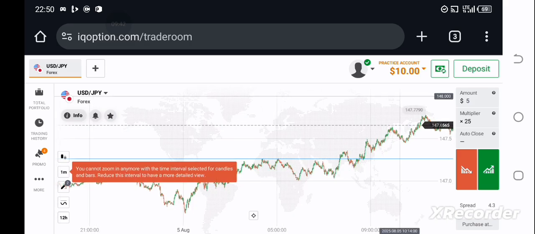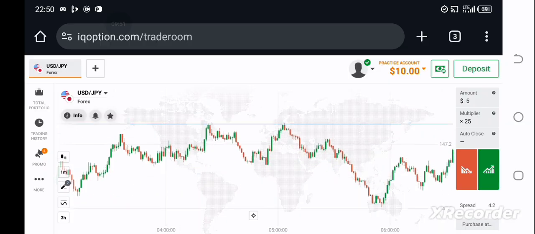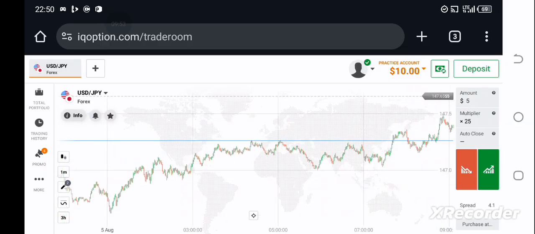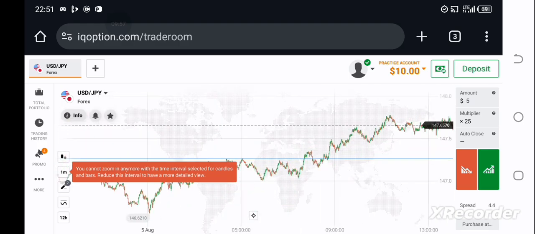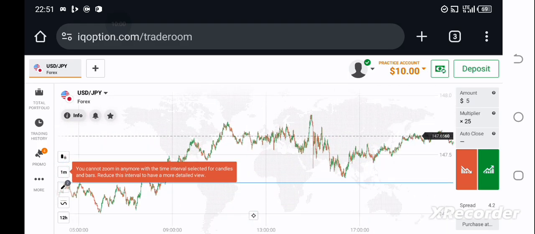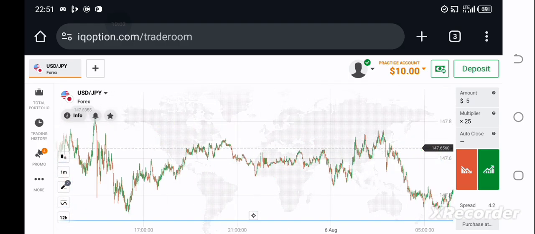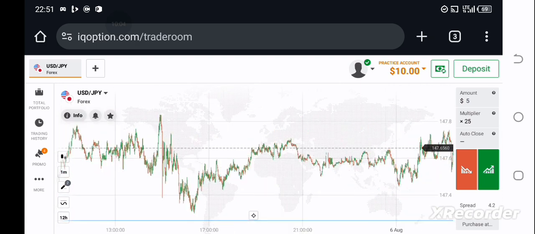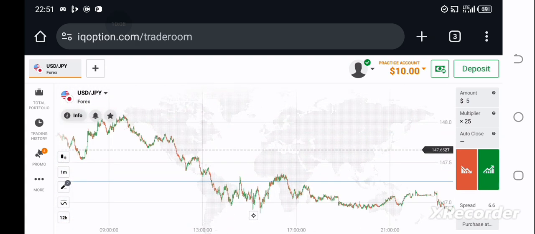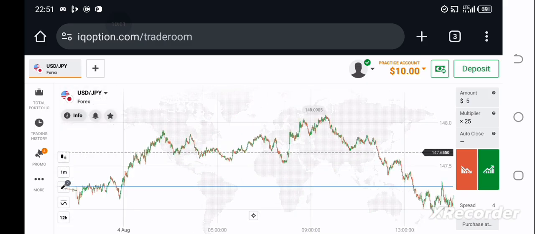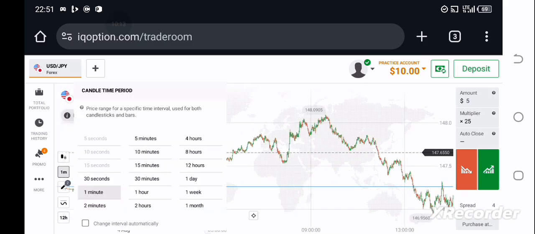You can see on 1 minute, cannot zoom out further. So you can see for 1 minute, you can't even see itself because of the size of the chart. Because of the size, you can see. So you will notice that the move is a huge one.